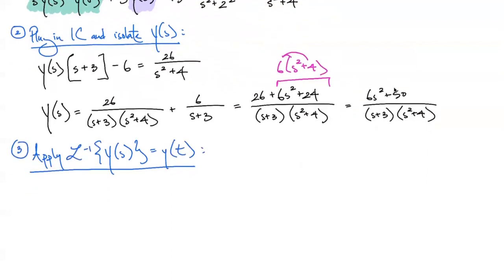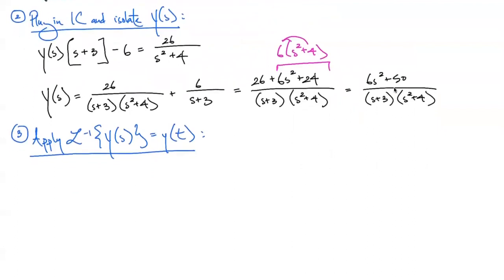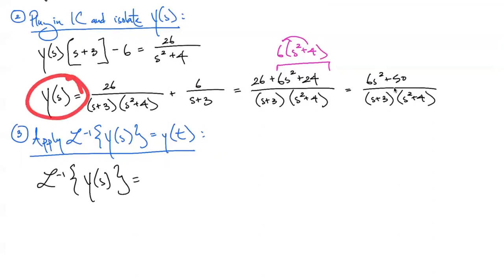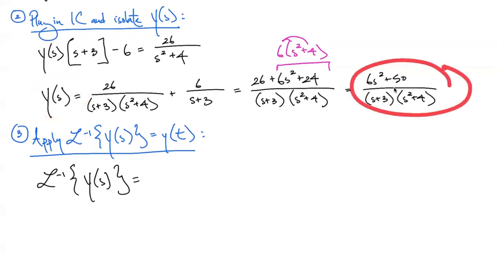Okay. So we're going to have the inverse Laplace of Y of s. All right, so that's my inverse Laplace of the left-hand side. Now I'm going to also find the inverse Laplace of the right-hand side.